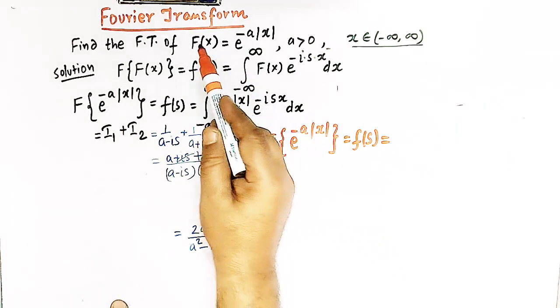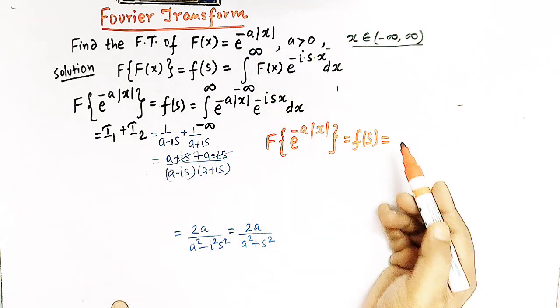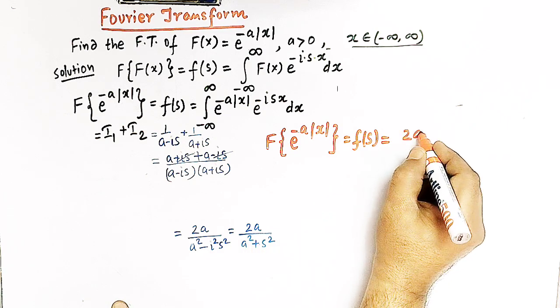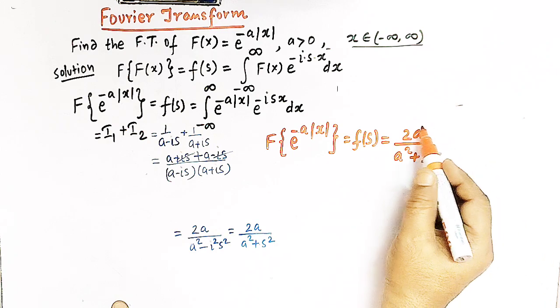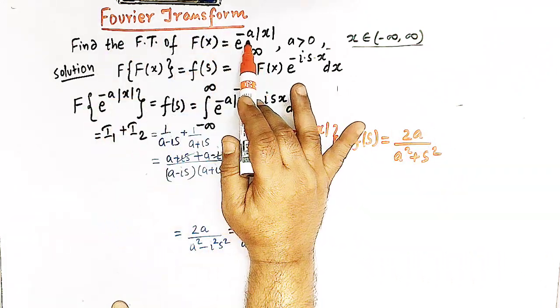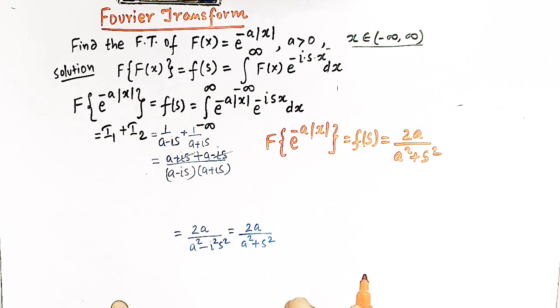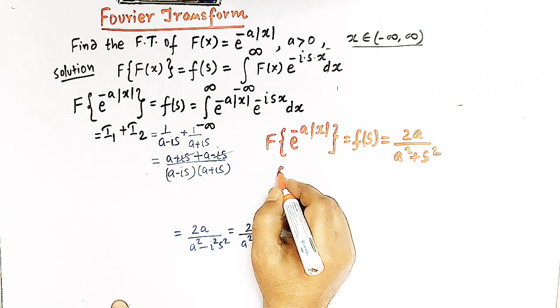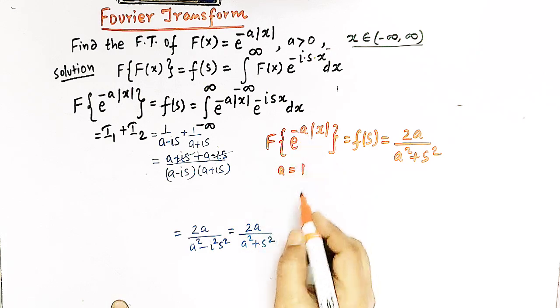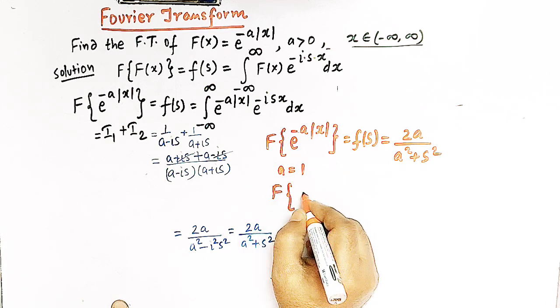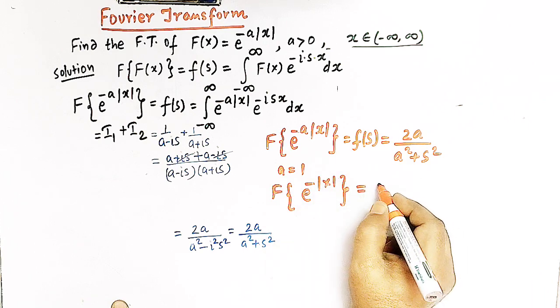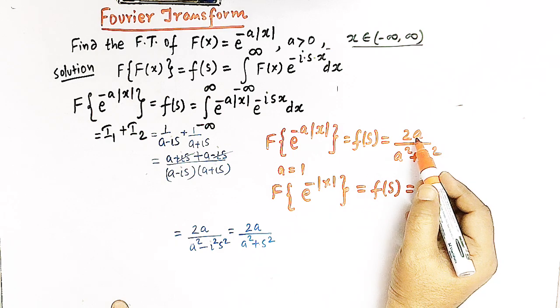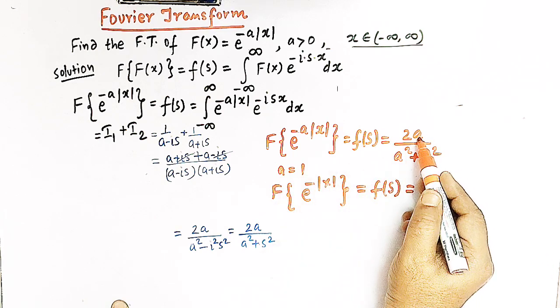So viewers, the Fourier transform of this function is given by 2a divided by a square plus s square. So this is the desired Fourier transform of this function, right? Here we can make two important deductions. If we take a equal to, say, 1, then the Fourier transform of e raised to minus mod of x can easily be calculated by simply substituting a equal to 1 in this result.